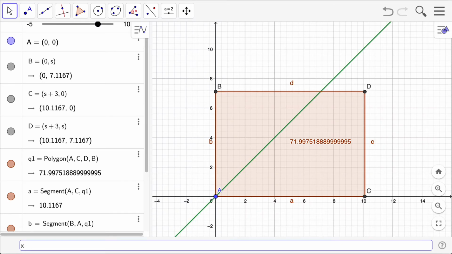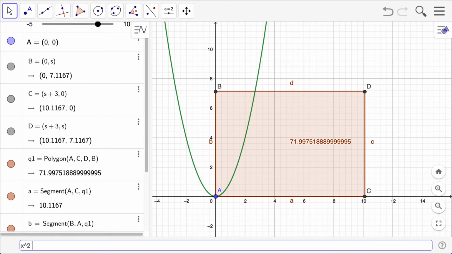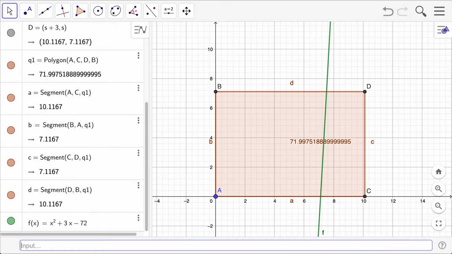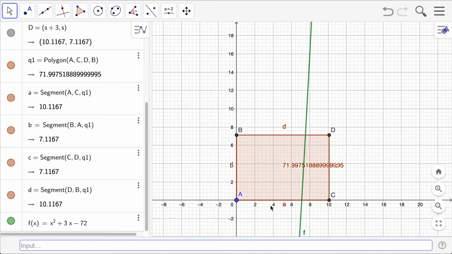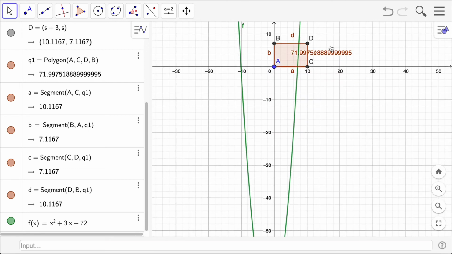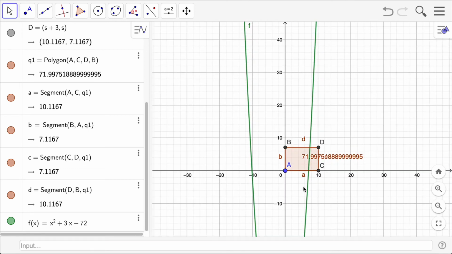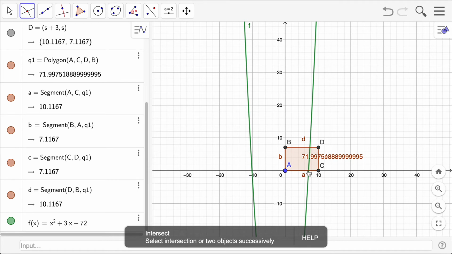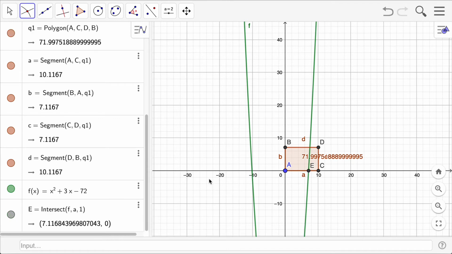It was x squared plus 3x minus 72. And so this is what a quadratic looks like. I just typed in that stuff on the left, and in GeoGebra, to get that solution, intersection with the x-axis, and there you go. 7.1168439698070043.